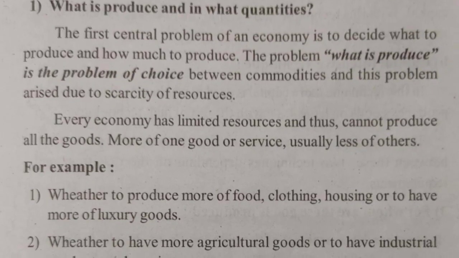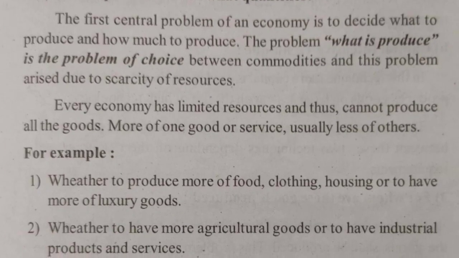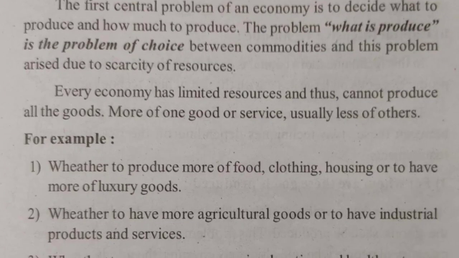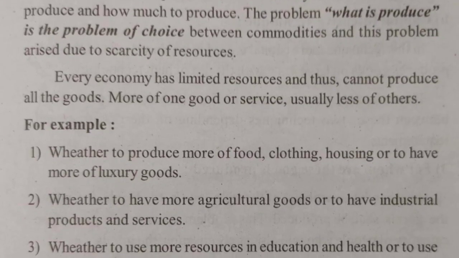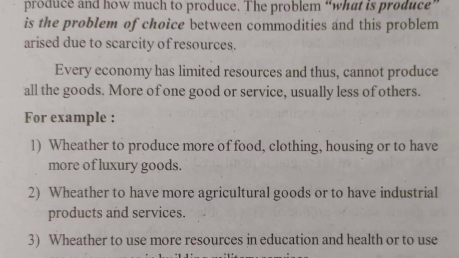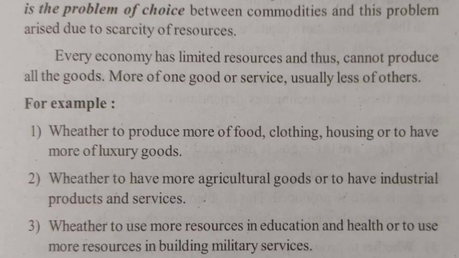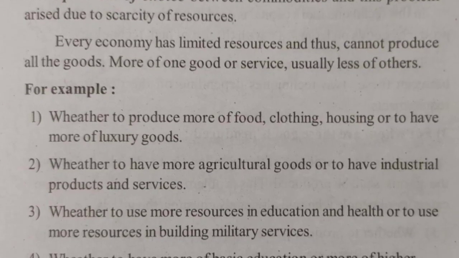First, what is produced and in what quantities. Here it depends, the problem of choice. What you want to produce and how you will produce the goods depends upon you only. Whether to produce more food, clothing, housing, or more luxury goods.